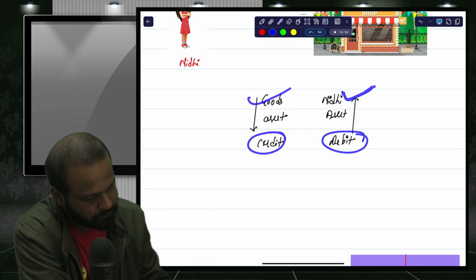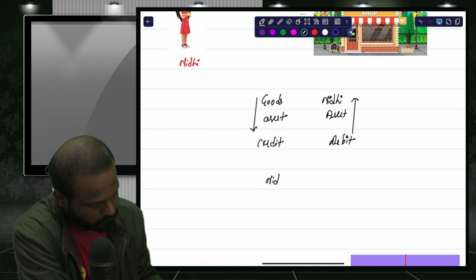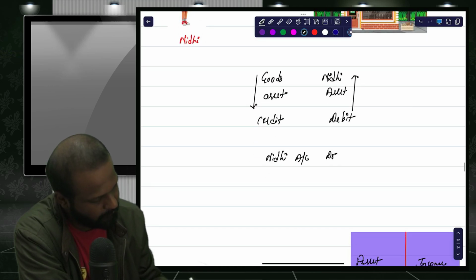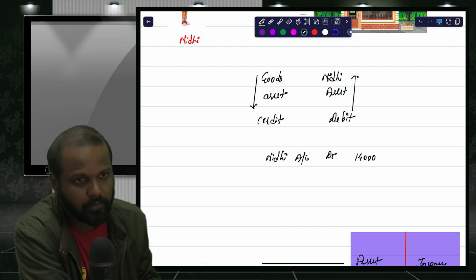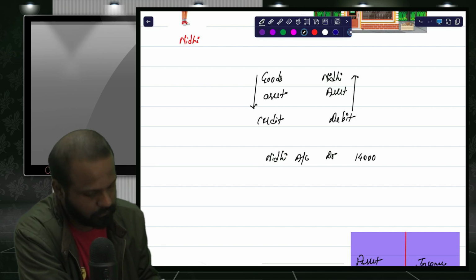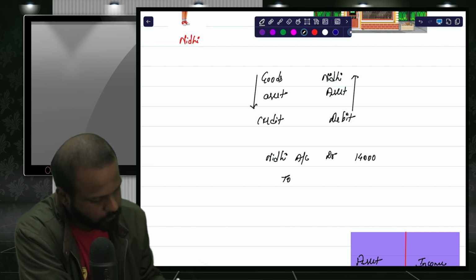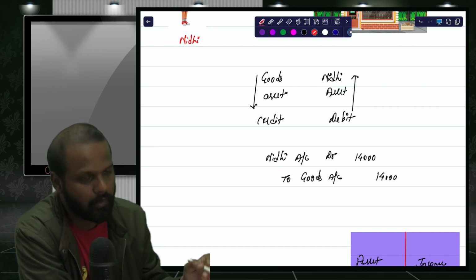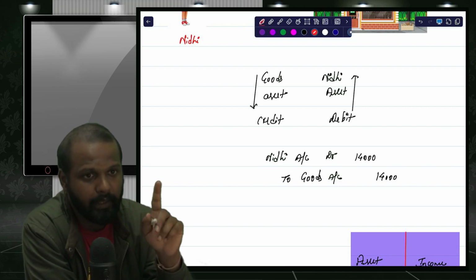Credit will be goods. So Nidhi account debit 14,000 to goods account 14,000. As we know that we cannot write the name goods.